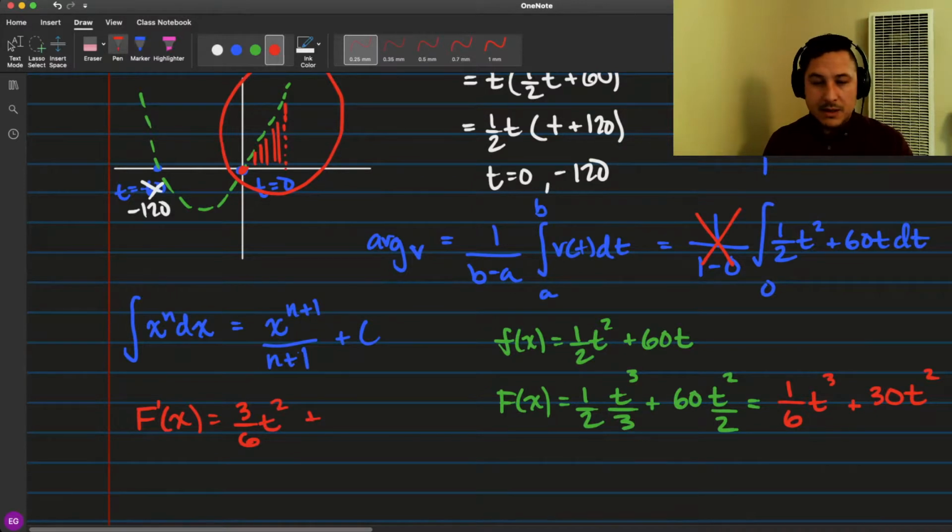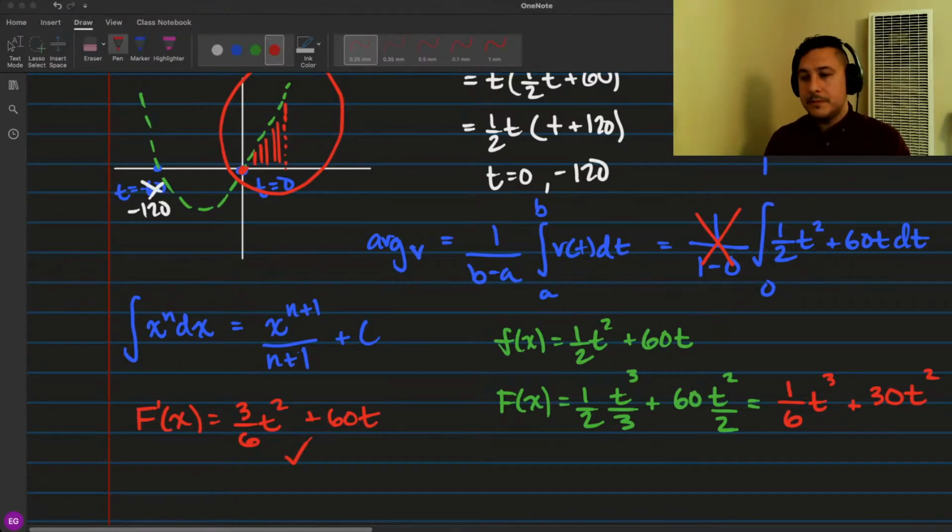The 2 will go down and you'll get plus 60t. Notice the 3/6 is 1/2, the 1/2 t squared, it matches, you're good. So I'm showing you that, after you find your antiderivative using the antiderivative rules, you can verify by taking the derivative to see that what you actually got was correct.